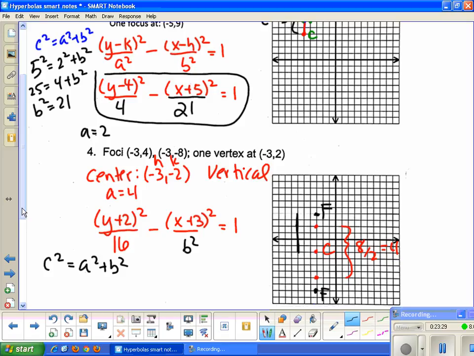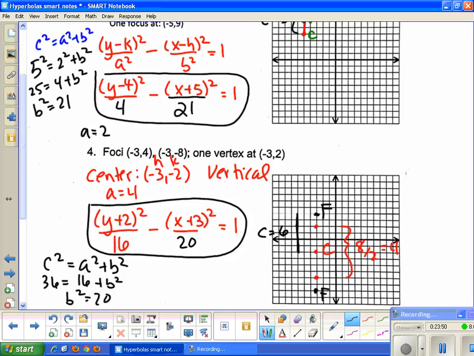So c equals 6, so c squared is 36. a squared is 16. And when we solve, we get b squared equals 20. I don't even need to find b because I can just go ahead and write 20 here. And that would be my solution.